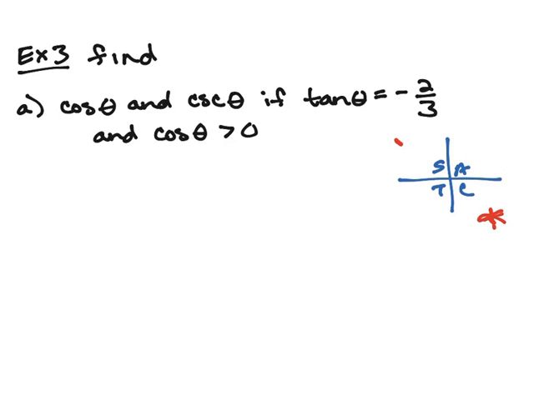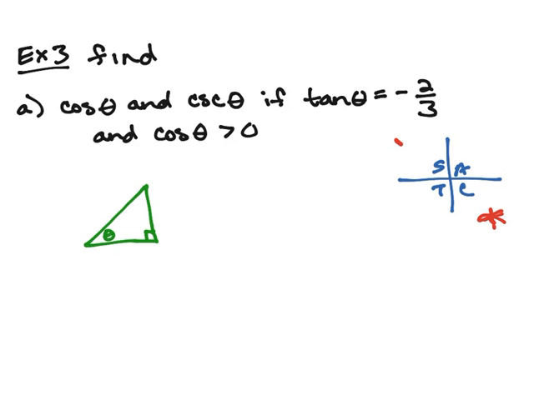All right, so now I'm just going to draw a right triangle. That's my right angle. I'm going to pick that to be theta. Tangent is opposite over adjacent. I'm going to ignore the negative because we're going to assign the positive and negatives based on the quadrant we're in.